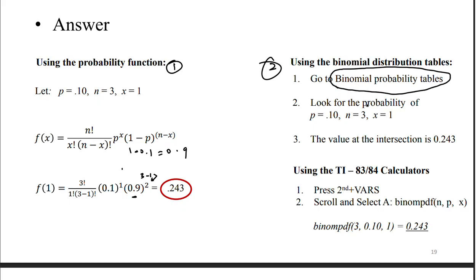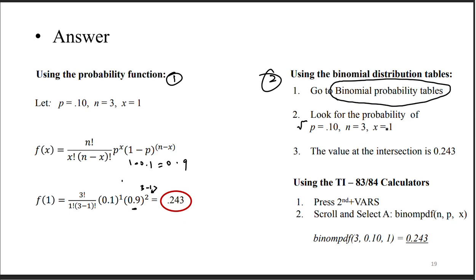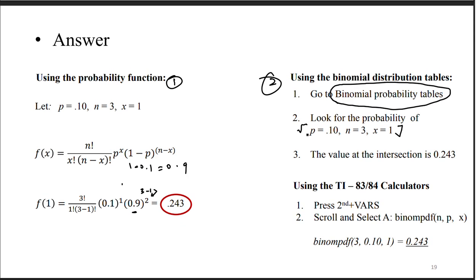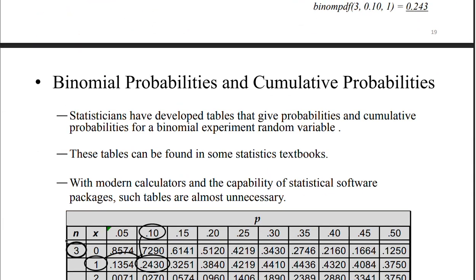You can check that. You go to the table with these three values: your value of p, which is 0.1, your value of n, which is 3, and your value of x, which is 1. Let's take a quick look at how we will do that.